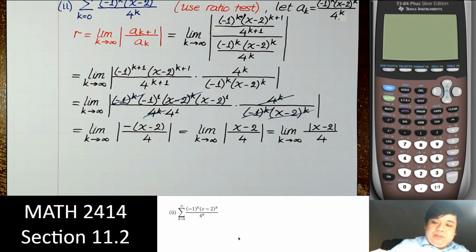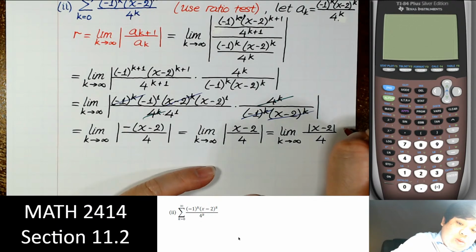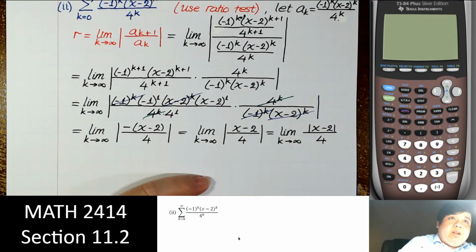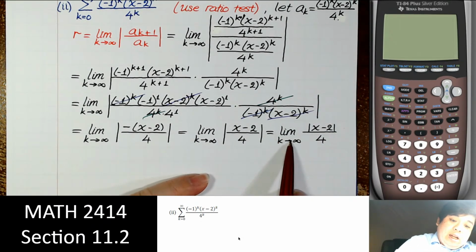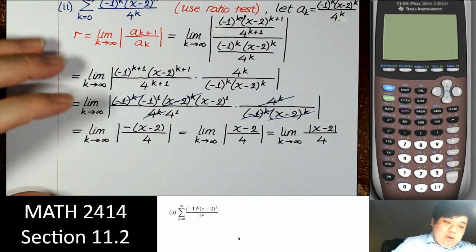So we have this. And that's just like the last one. We need this to be less than 1 for the series. By the way, there's no k in here, right? Doesn't matter what k is. It's always that. So that will be the limit.